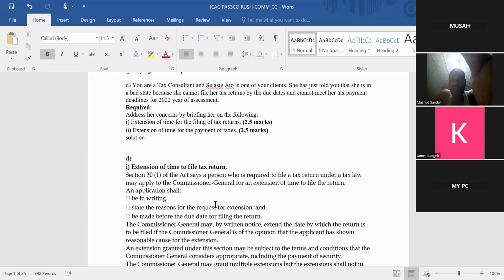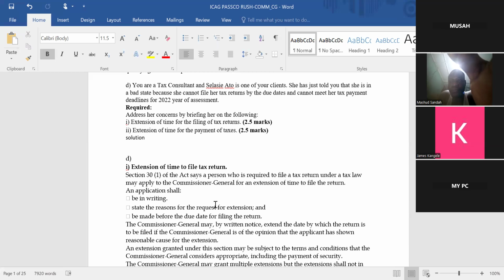If you are unable to file and pay, that means you have not met the deadline. There is a penalty. And what is the penalty? The law says that you pay a penalty of 500 Ghana cedis plus 10 cedis for each day the default continues. And it's compounded. So that is why some of these penalties are put in there, for us to do the right thing in terms of tax compliance.